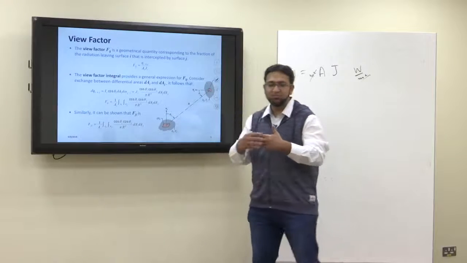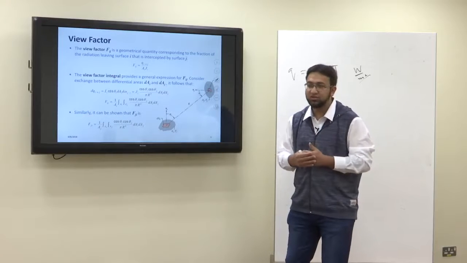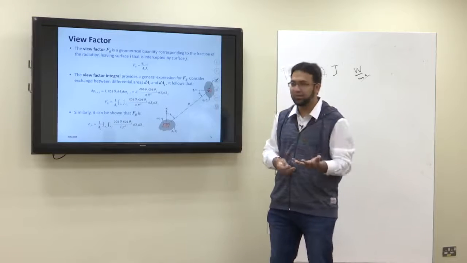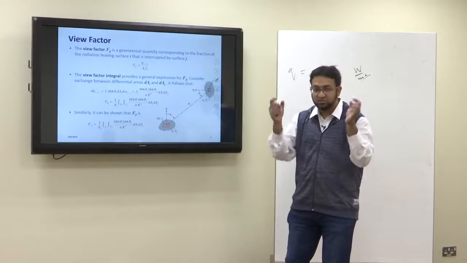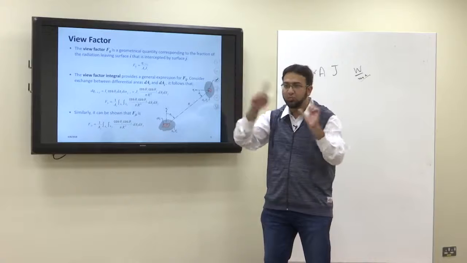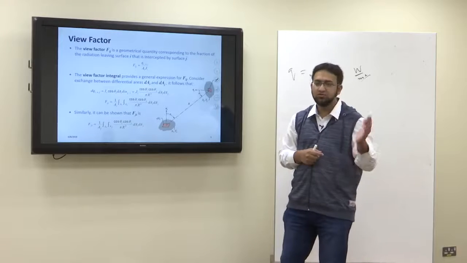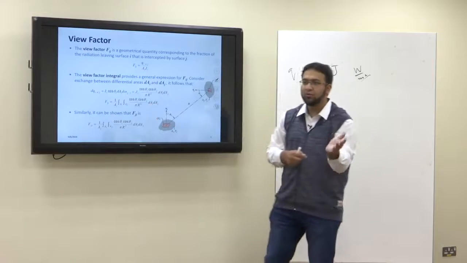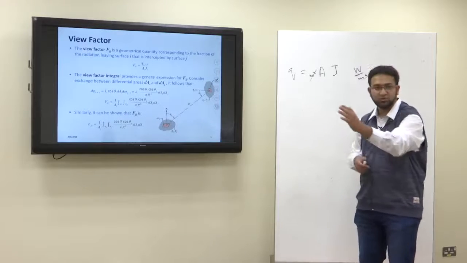Yes. Now, most of the time, we are not just interested in what radiation is emitted by the surface. We are interested in how much radiation exchange is happening. So we are concerned with two bodies and the radiation exchange between them, because we are concerned with how much heat is transferred from one body to the other body.